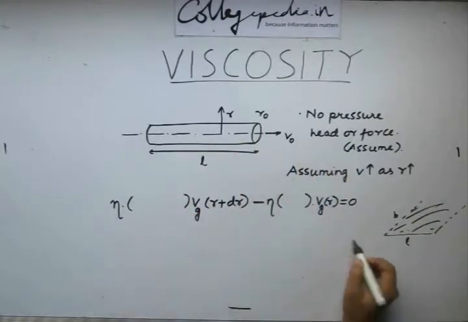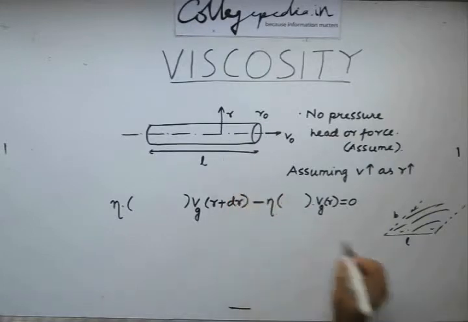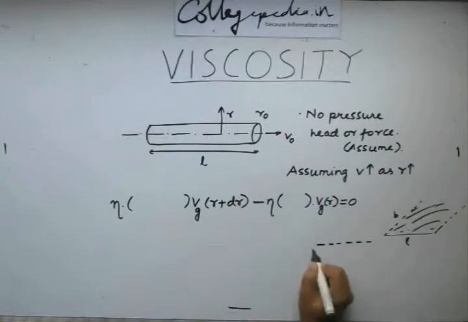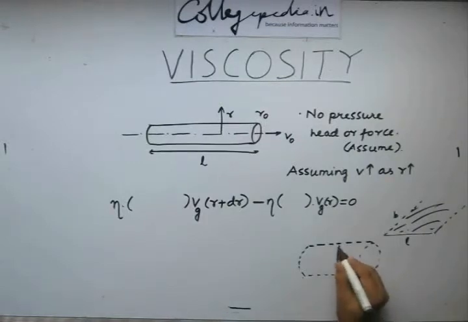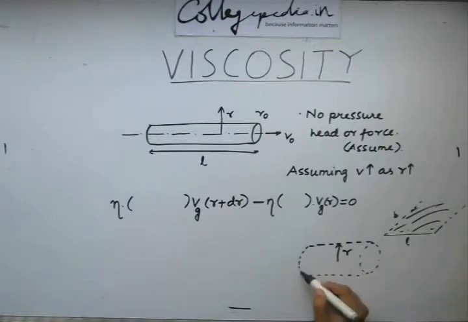This is because when we are considering a fluid cylinder like this, say considered at a radius r from the center, we are considering the surface area of contact.